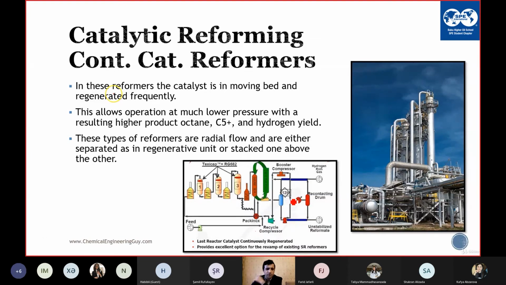We don't show the regeneration here. In this reformer, the catalyst is in a moving bed and regenerated frequently. This allows operation at much lower pressure with a resulting higher product octane. This type of reformer is radial flow and is either separated, as in a regenerative unit, or stacked one above the other.